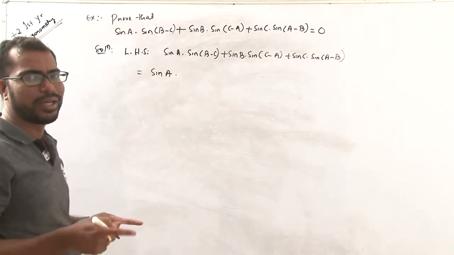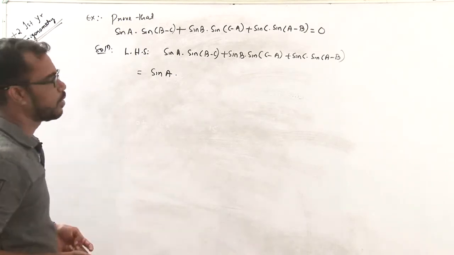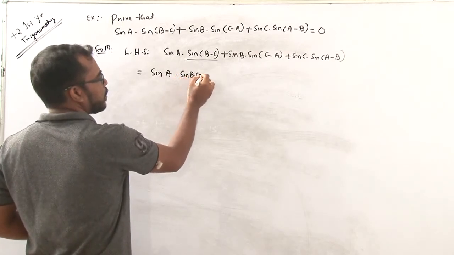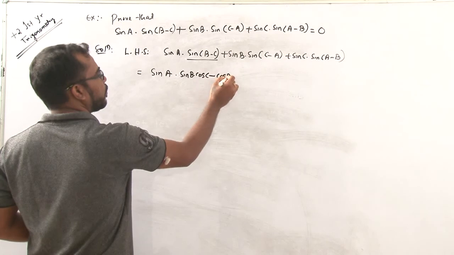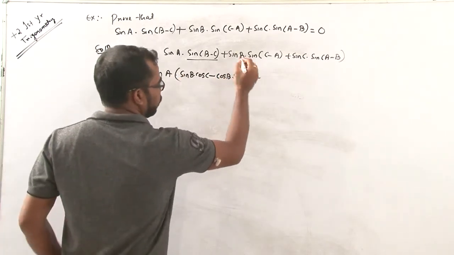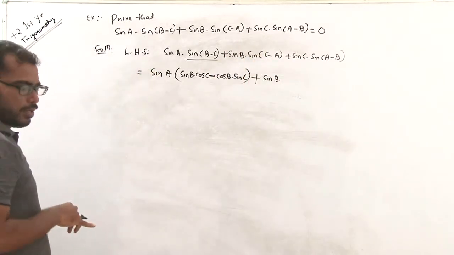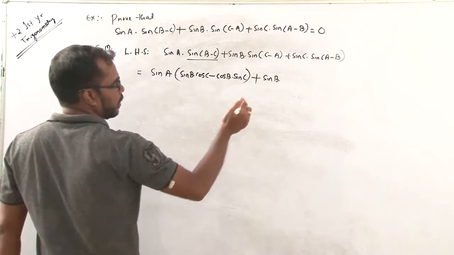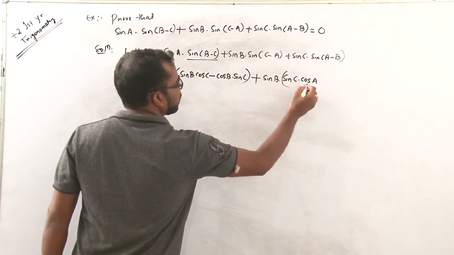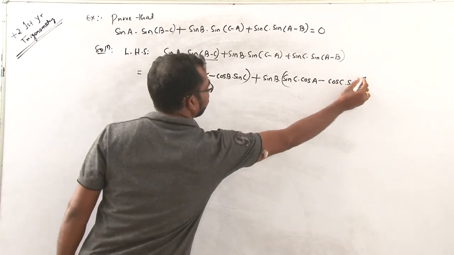So you can write sin(B − C) as sin B cos C minus cos B sin C. Plus, similarly, here you can apply the same formula. So sin(C − A) is sin C cos A minus cos C sin A.